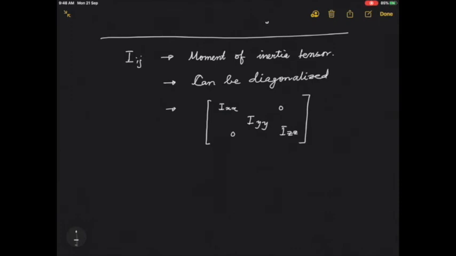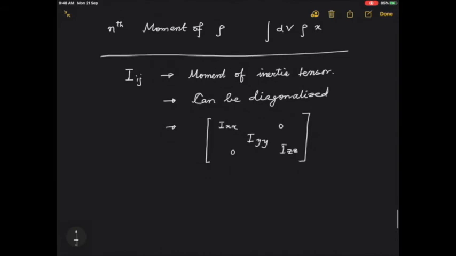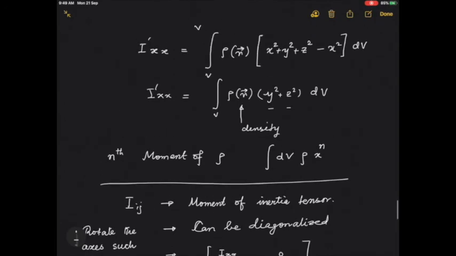So these are all primes in my definition. Now how do I diagonalize I? Rotate the axes such that I is diagonalized.